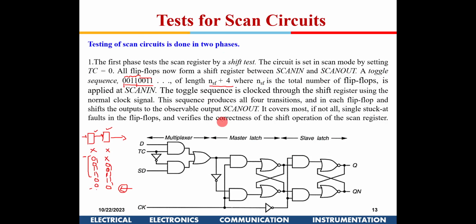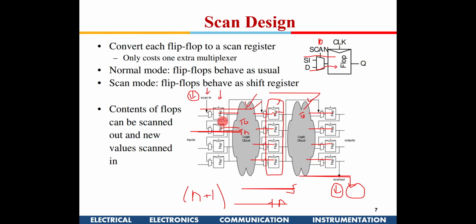Like, if I go back to this here, this I will take as a combinational module, and I will run ATPG and find out what are the test vectors which are required for this. Even if there is some feedback coming, all those flip-flops are now externally controlled, so we can put the required data in those flip-flops.